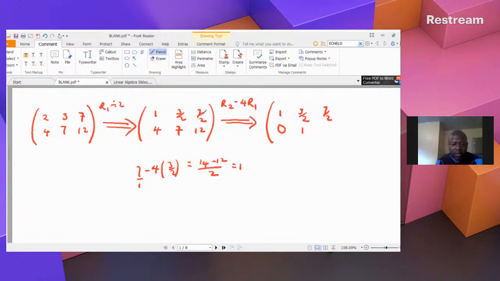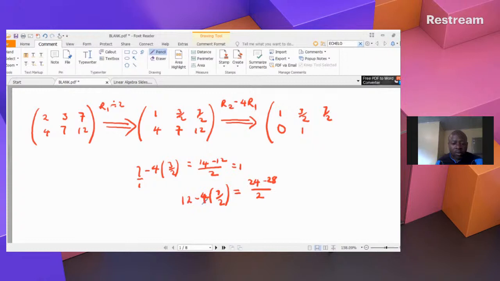And then I do it for this other one. 12 minus 4 multiplied by row 1. The entry in row 1 is 7 out of 2. So when I do this, the LCM there is 2, and this is 24 minus 28.